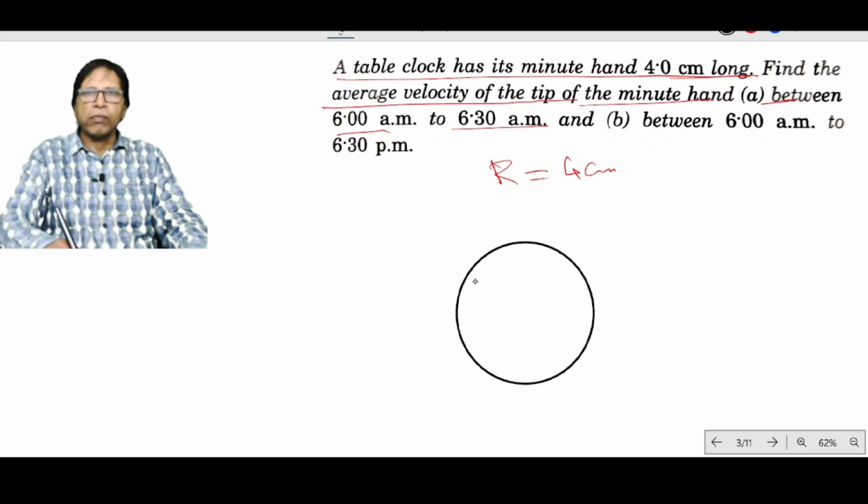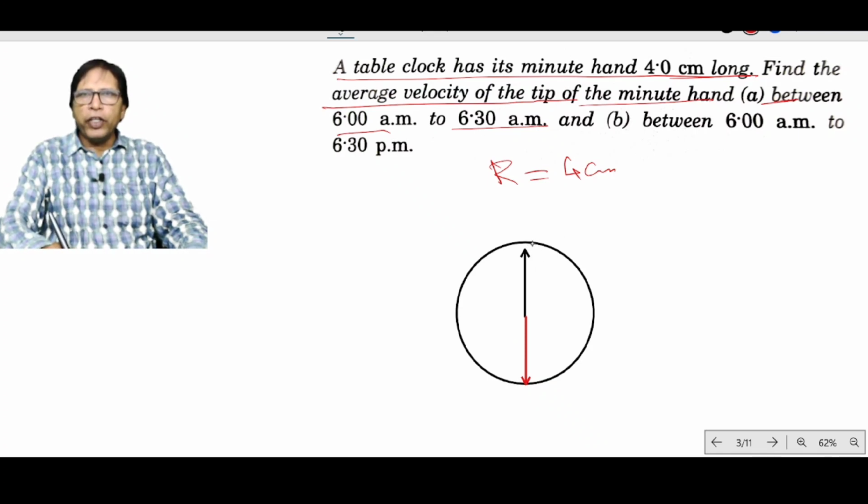Now look at this. The position of the minute hand at 6 am is this position, and at 6:30 am the position is here, this. Okay.